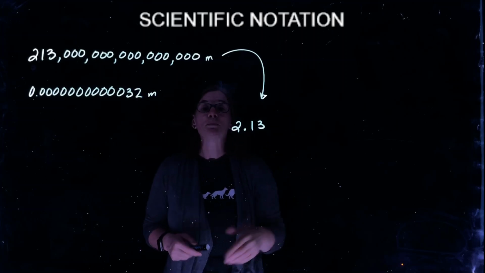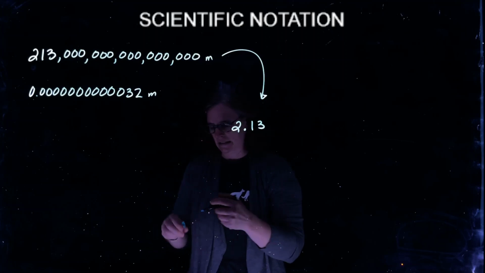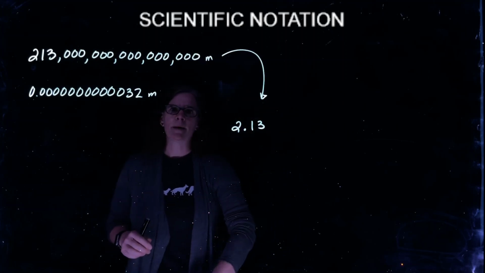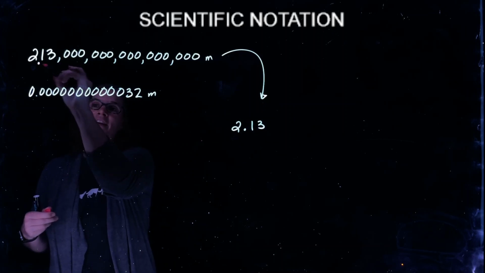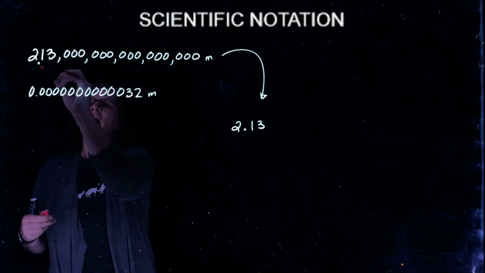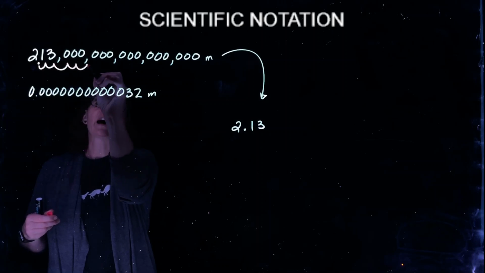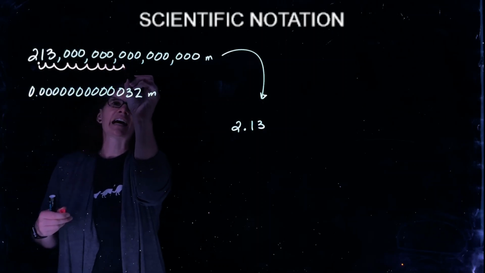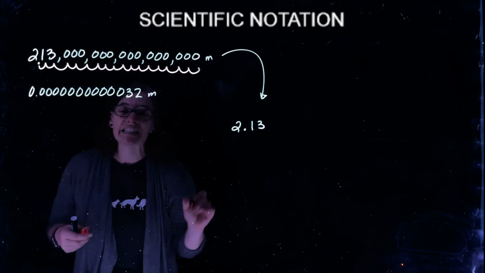Now, how do I go from this number to this number? Well, I have to multiply it by tens, lots of tens. How many tens? Well, 10, remember, shifts a decimal place. So if my decimal was here, as in my example, I would be shifting it by 1, 2, 3, 4, 5, 6, 7, 8, 9, 10, 11, 12, 13, 14, 15, 16, 17.